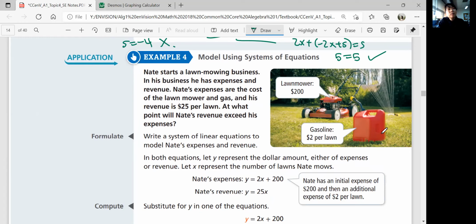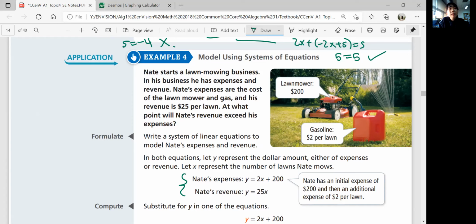So we're gonna think about how much he spends to do the job and how much he earns, right? To see where the revenue will exceed his expenses, will cover all the expenses. So first we're gonna write a system of linear equations to model his expenses and revenue. We're gonna have two equations.